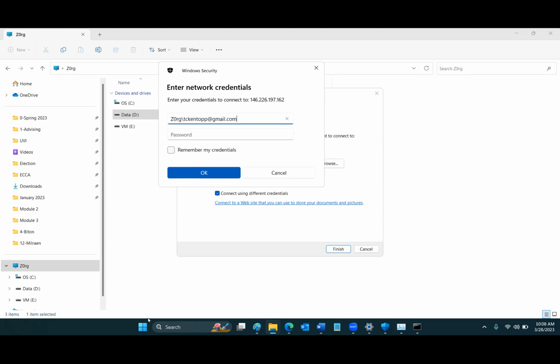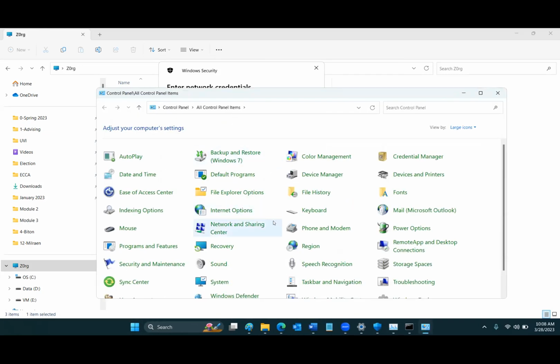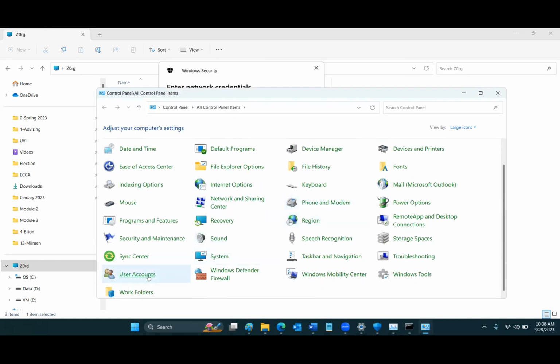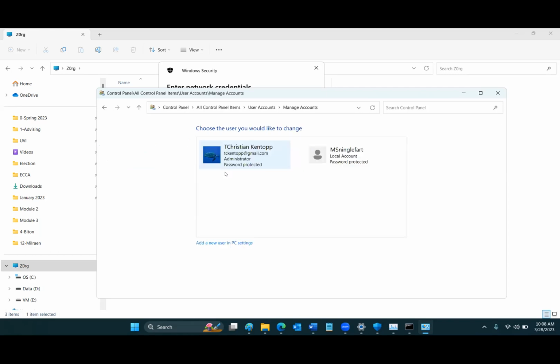Let's check one more thing. Let's go to the control panel and see what it's called under users, because I don't want this to misfire. T Christian space Kentop. Yeah, I think that's what it is. I could try T Christian space Kentop, but usually spaces cause problems, so I'm going to use that.